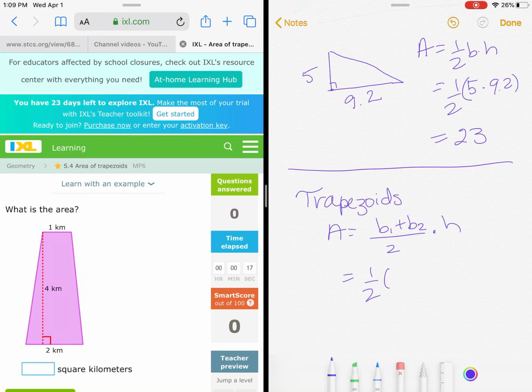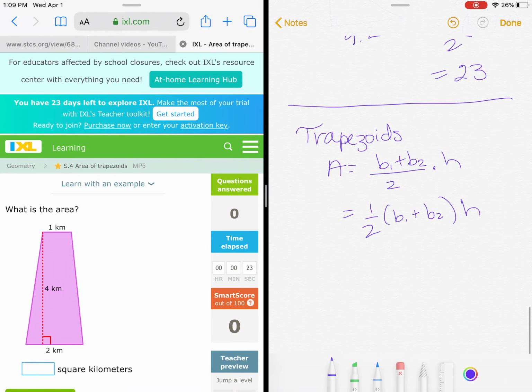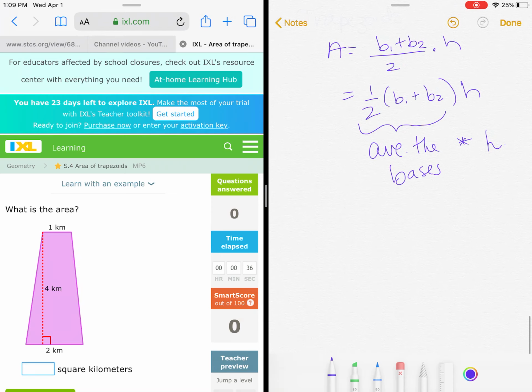Sometimes you'll see it written 1/2 of base 1 plus base 2 times the height. Okay, it means the same thing. I always remember it as this is averaging the bases. Okay, so average the bases times the height. Okay, so here base 1 is 1, base 2 is 2, and the height is 4.